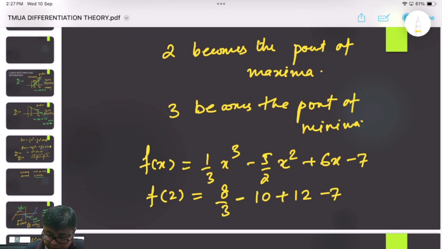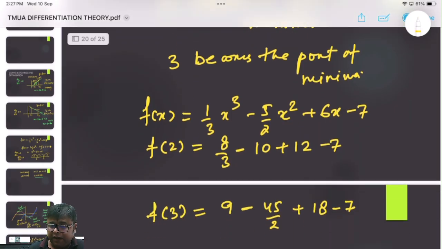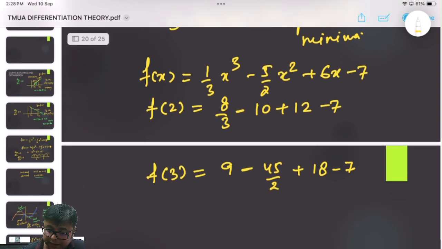F of 3 will give me 9, 27 by 3 is 9, minus 45 by 2, plus 18 minus 7. So if I look at this, 3 is a point of minima, but it gives me a negative value. And f of 2 is a point of maxima, but again it is a negative value.